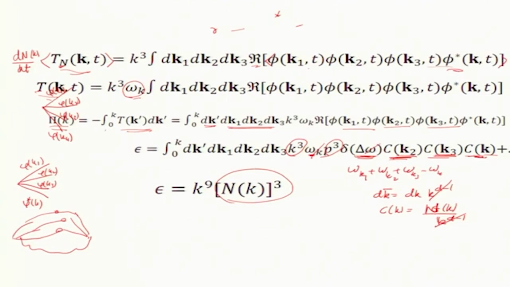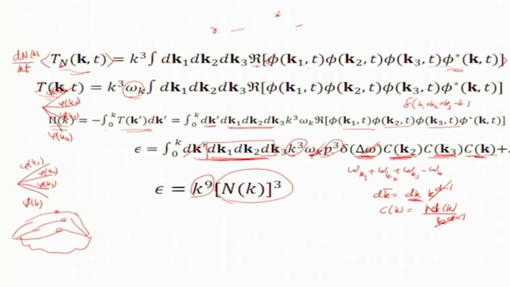Delta has 1 by omega. So, this is cancelling. Now, here I am going to get 3 k's. One delta function will disappear because of this condition, delta of k1 plus k2 plus k3 minus k. So, one of them will go away. So, I get k cube here because of this dk1, dk2, dk3. So, I will get k cube from these guys. So, I get k cube, k cube, k cube. So, k to the power 9.